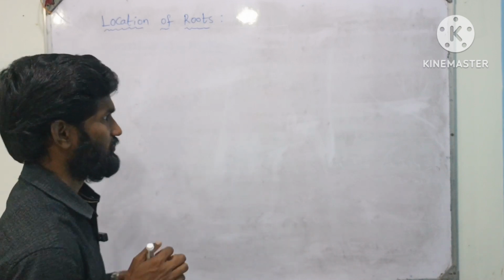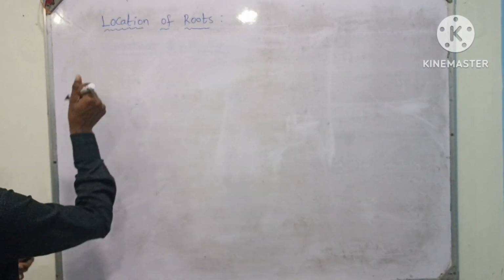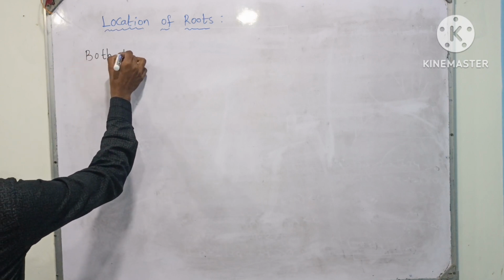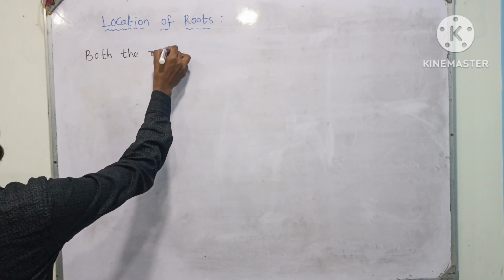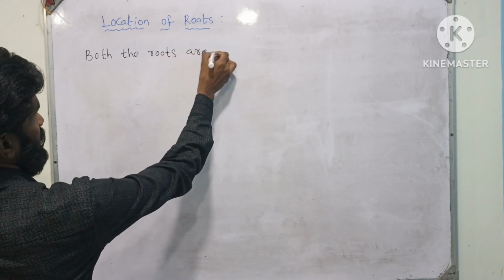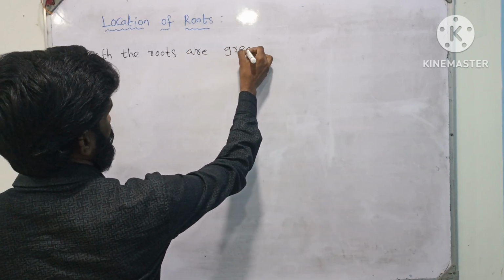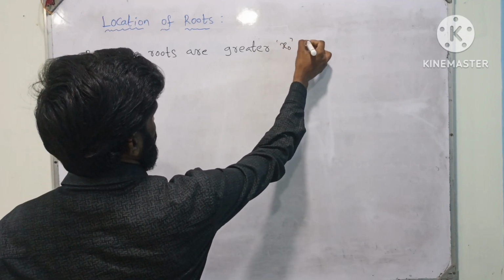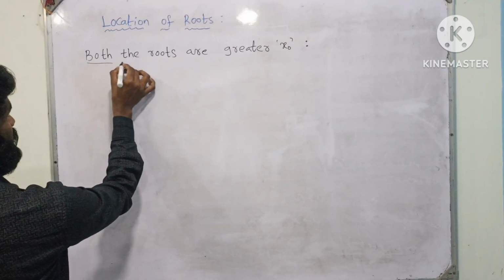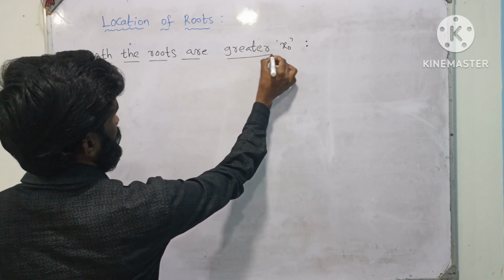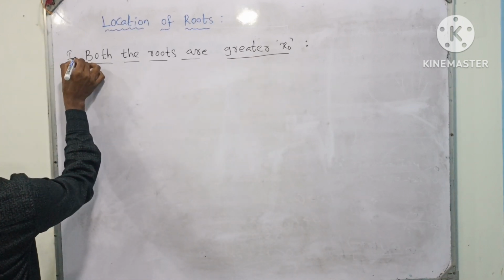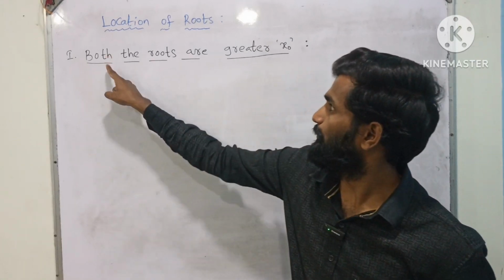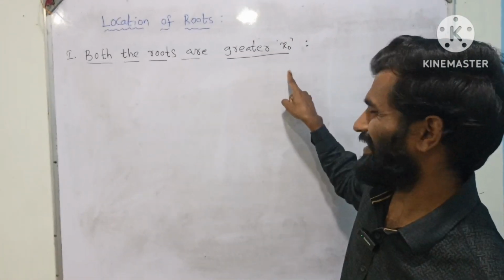The first case is if both the roots are greater than x naught. So this is the first case we are going to discuss. Now here we are saying that if both the roots are greater than x naught.